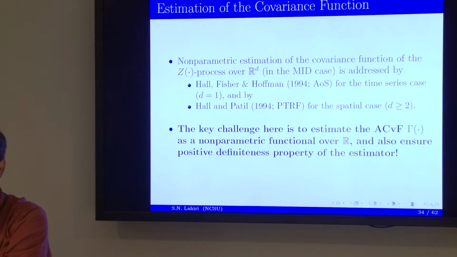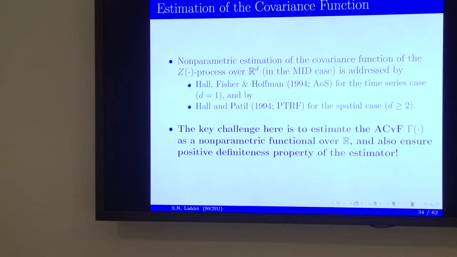Let's again forget about the mixed increasing domain asymptotic structure. It's just the pure increasing domain, which means the length of the interval of observation and number of points, they're of comparable order. So I'll rephrase the question.